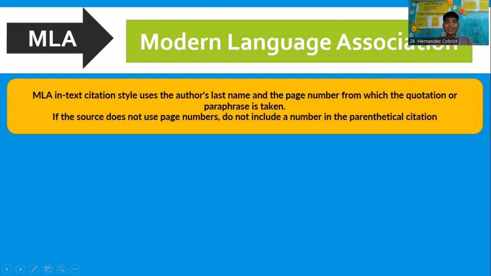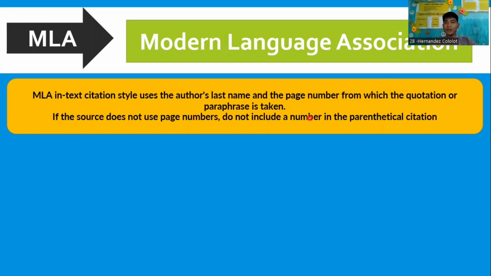If the source does not use page numbers, do not include a number in the parenthetical citation. If the source has no page numbers, that means you don't need to include a page number in your parenthetical citation. So this is an idea about MLA in parenthetical citation.